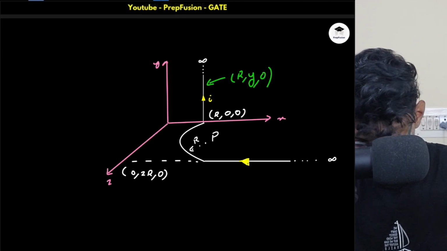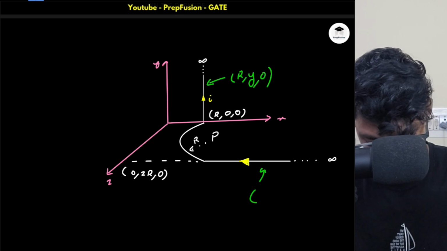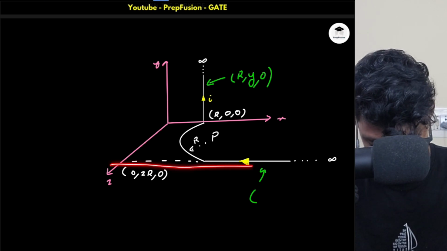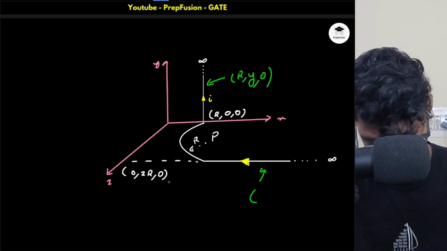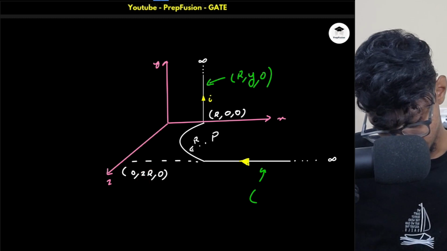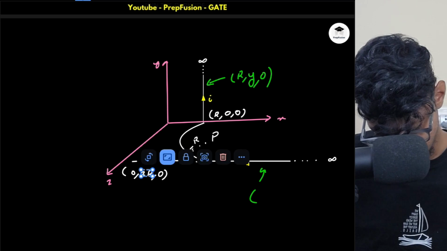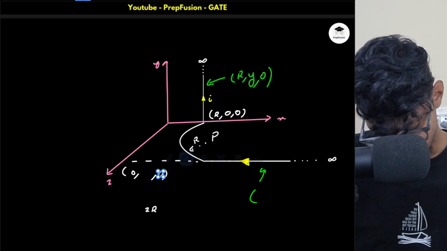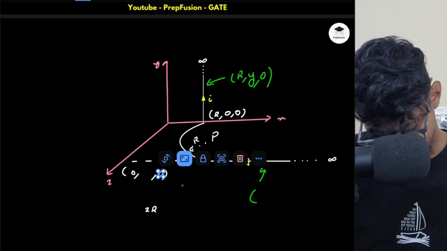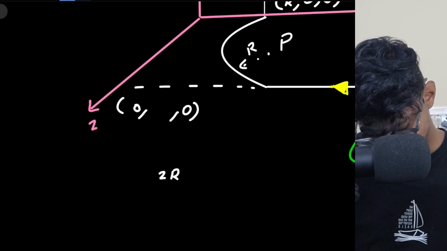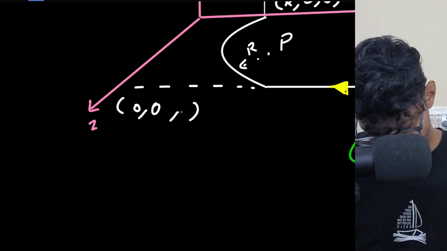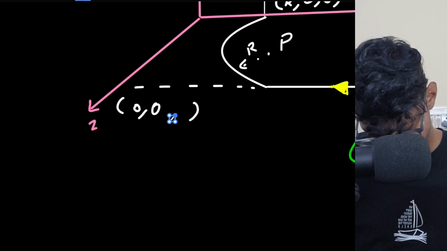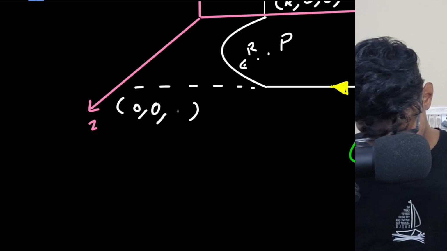Now for this one, what is fixed? This has its y as 0. Okay, how is it 2r actually? This should not be 2r. Something has gone wrong. This should be 0, and this should be 2r.